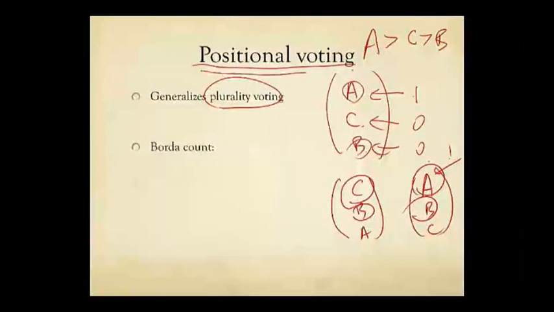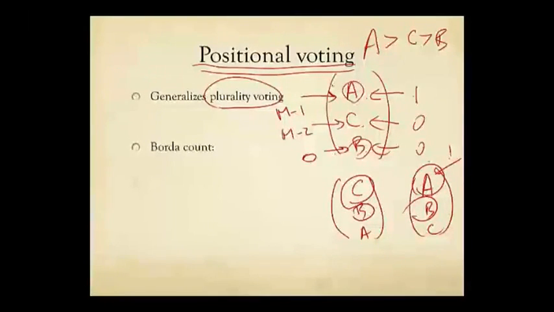But in general, the positional voting system doesn't have to assign 1 to the top and 0 to the rest. In fact, one other way is to say I'll assign n minus 1 points to the top and n minus 2 points to the second one, and eventually when I get to the bottom of the list, I'll assign a score of 0. Why don't we assign n all the way down to 1?